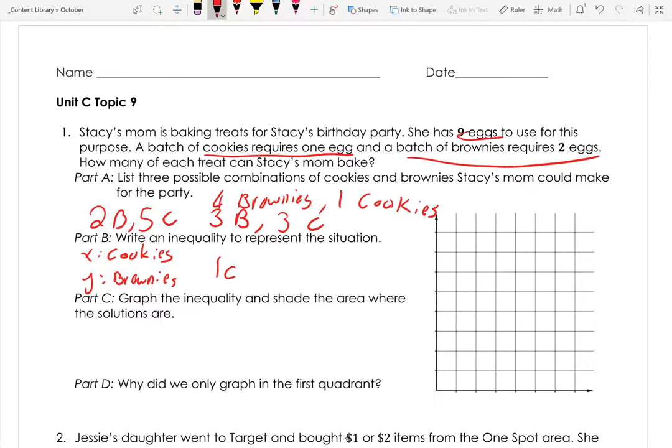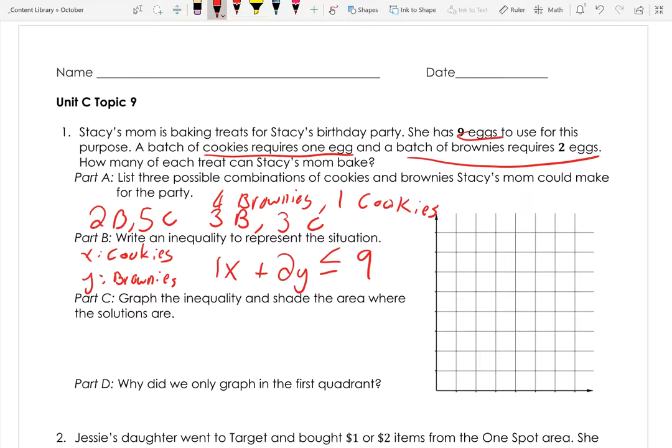I almost wrote C instead, right? So 1X, say 1 egg per batch of cookies, plus, now the brownies require 2 eggs, right? So 2Y to represent 2 eggs per batch of brownies is less than or equal to 9 eggs.